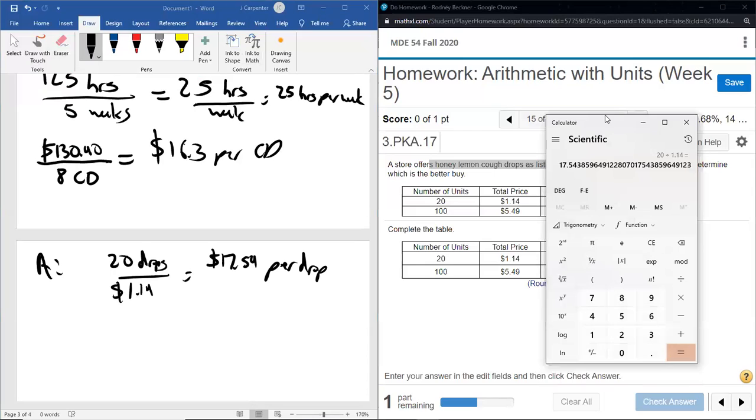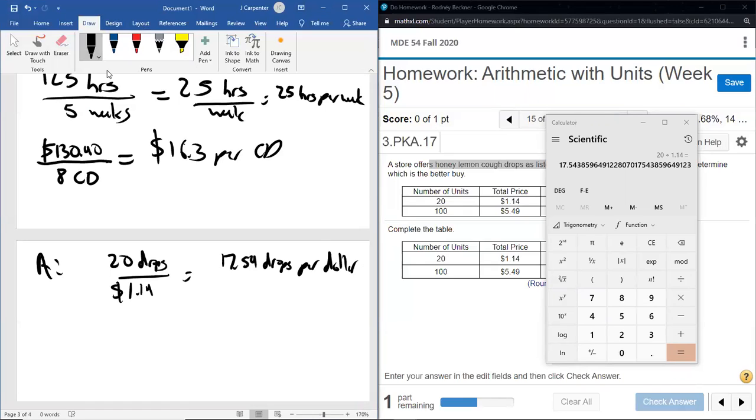Okay, so is that right? 17.54 per drop? No, that doesn't make any sense because this says you got 20 drops for about $1. So this would not make sense. Again, I'm going to erase this whole thing ultimately. But it's not dollars per drop. It's actually 17.54 drops per dollar.